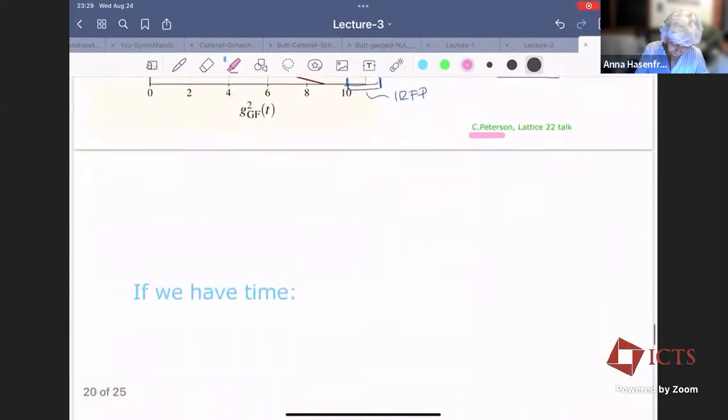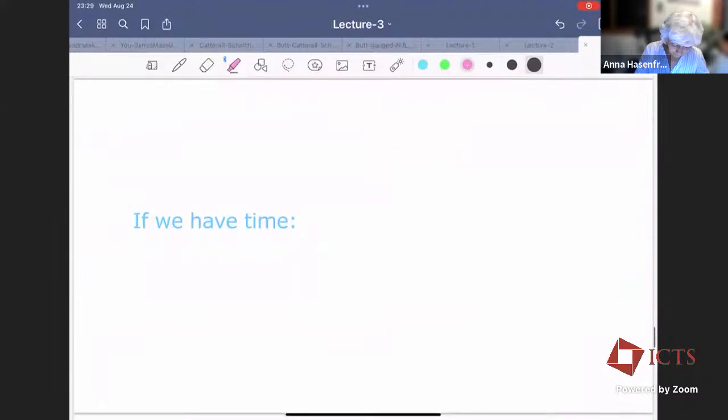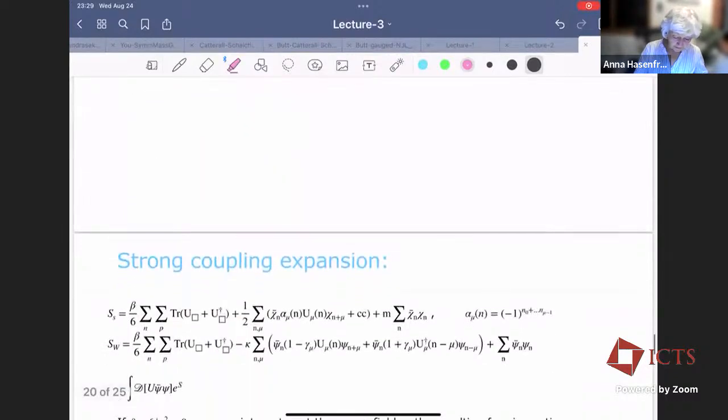What I would like to do in the next 10 minutes or so is go back to what I could not finish in the first lecture, and something that I would like to use on Tuesday when I have a 30-minute more science talk, and that is strong coupling expansion.